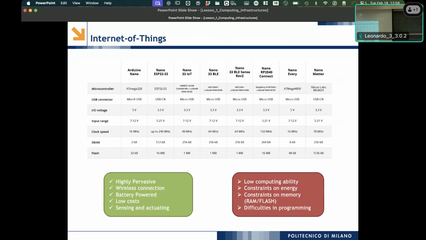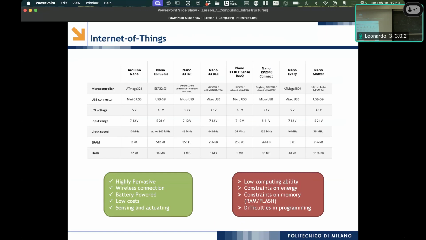For example, if you have an espresso machine at home, you have a device like this inside that automates the machine. Sometimes the sensing and the actuator part are also integrated. What are the limitations? We have low computing ability, a clock at a few megahertz, constraints on energy because we run on battery, and constraints on memory in terms of storage and RAM.